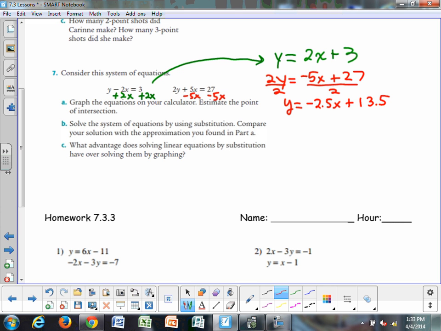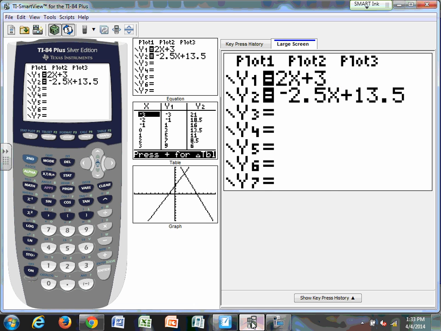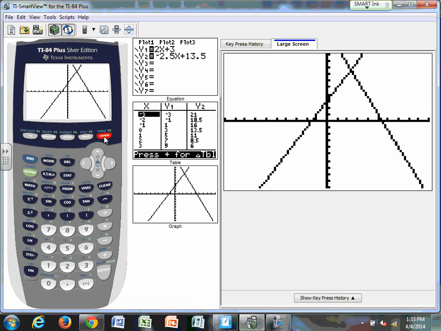And it says that we should graph those on our calculator and estimate the point of intersection. So I put them in my y equals on my calculator, and I'm going to go ahead and graph those. And my guess is that x is about 2.5 and y is maybe about 8.5. So 2.5 and 8.5.